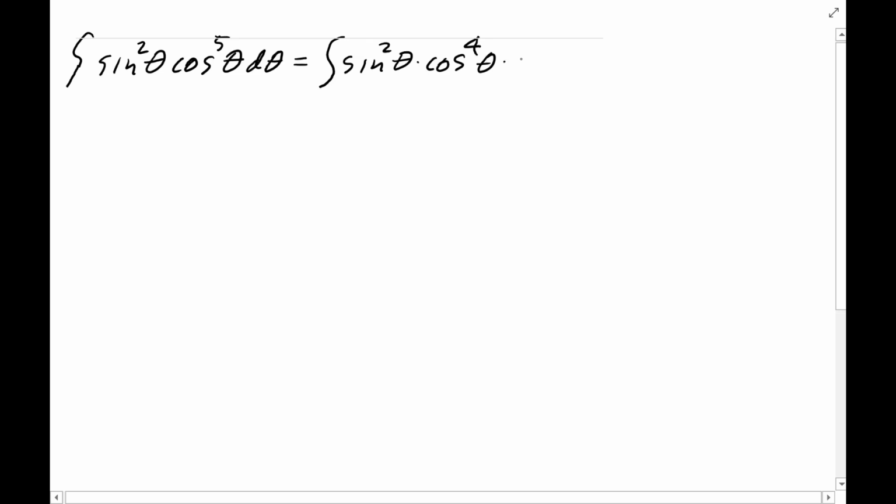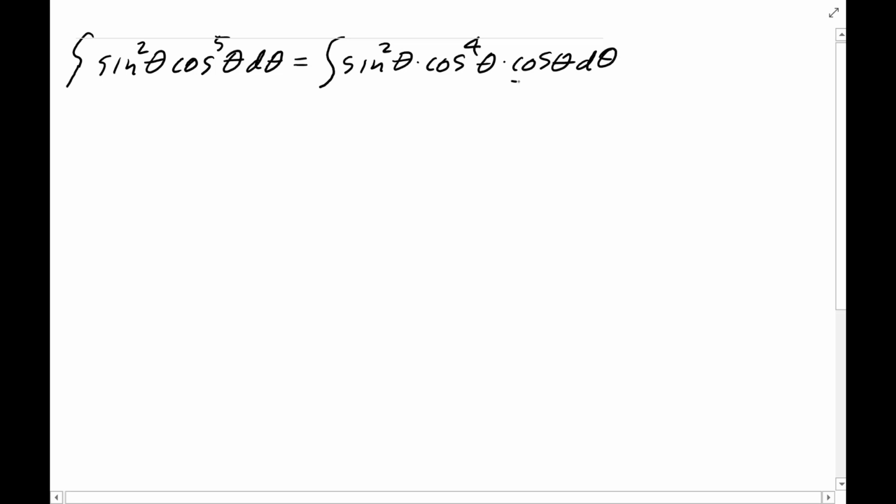So let's take a look at this integral: sine squared theta times cosine to the 5th theta d theta. So here the cosine is raised to an odd power. What we're going to do here is pull one of those cosines off and stick it with the d theta. That leaves me with a cosine to the 4th theta, and here's that extra cosine.